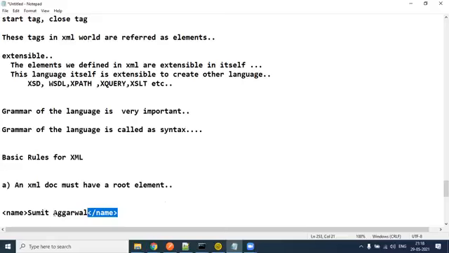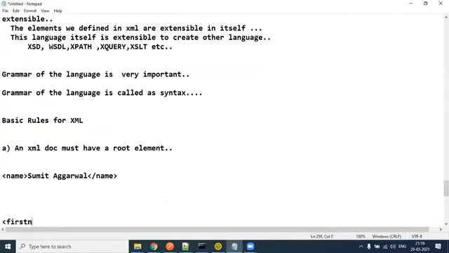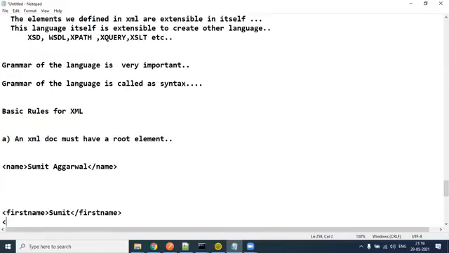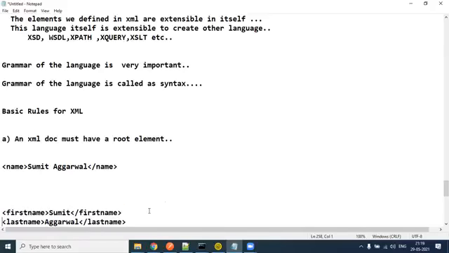I write name, Sumit Agarwal, this is fine. Now, for example, I'm writing the same information like this. Let's say first name, Sumit, last name, Agarwal, like this. What happens is these two elements are at the same level in the hierarchy.